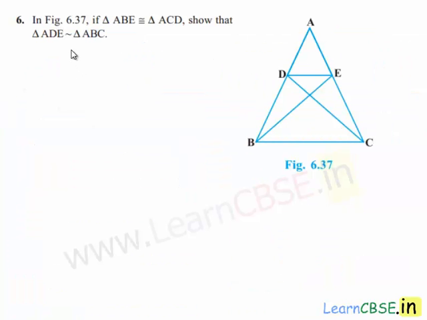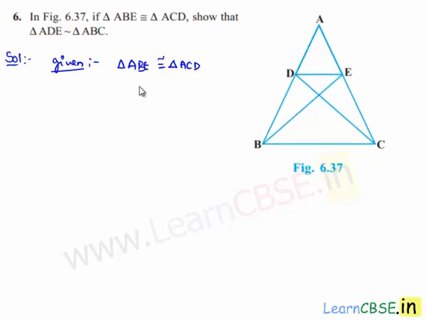Moving on to the sixth question. In figure 6.37, if triangle ABE is congruent to triangle ACD, show that triangle ADE is similar to triangle ABC. Now moving on to solution. He has given that triangle ABE is congruent to triangle ACD.